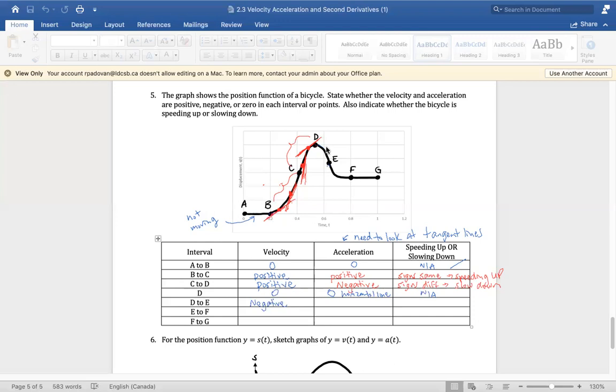If I were to pick a spot right here and draw a tangent line, and pick a spot right here and draw a tangent line, it looks like it's starting out less steep. Let's say that had a slope of 2, from grade 9, and it's going more steep. This would have a slope of whatever, 6, a number bigger than 2. So as that's increasing, I'm going from less steep to more steep.